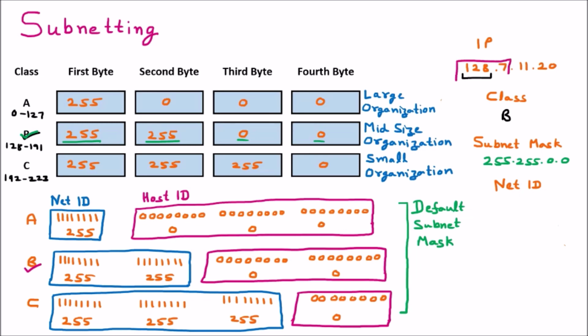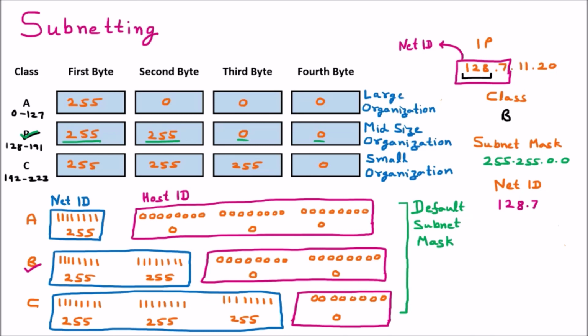These are the first two bytes, and that is nothing but the net ID. So this is our network ID. Here in the block we can write that the net ID is 128.7.